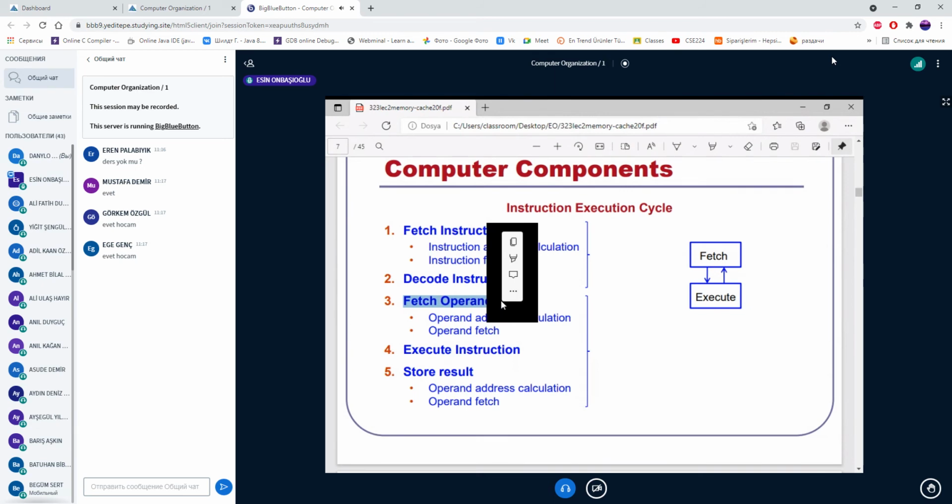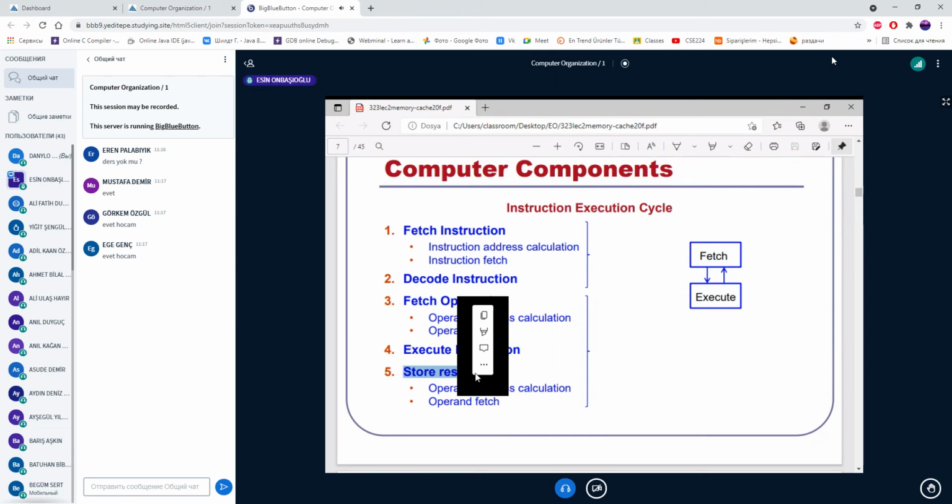But at least 2 memory operations up to this point. Then the instruction is executed in the CPU, and after the execution, the result must be stored again into the main memory. So that is the third memory access. So at least you need to do 3 memory accesses for an arithmetic operation.